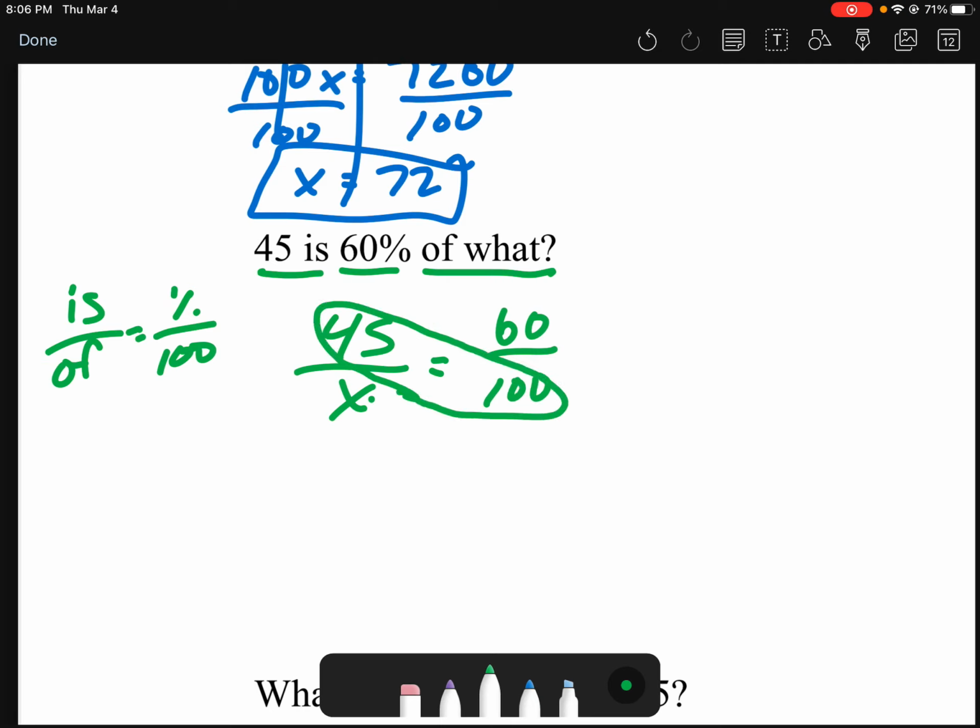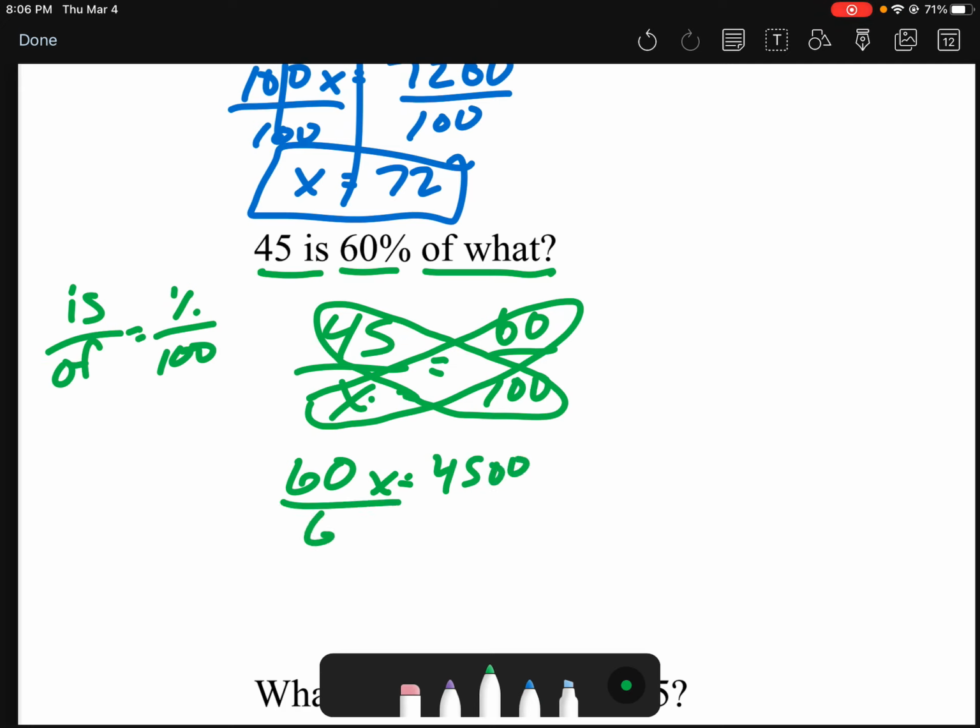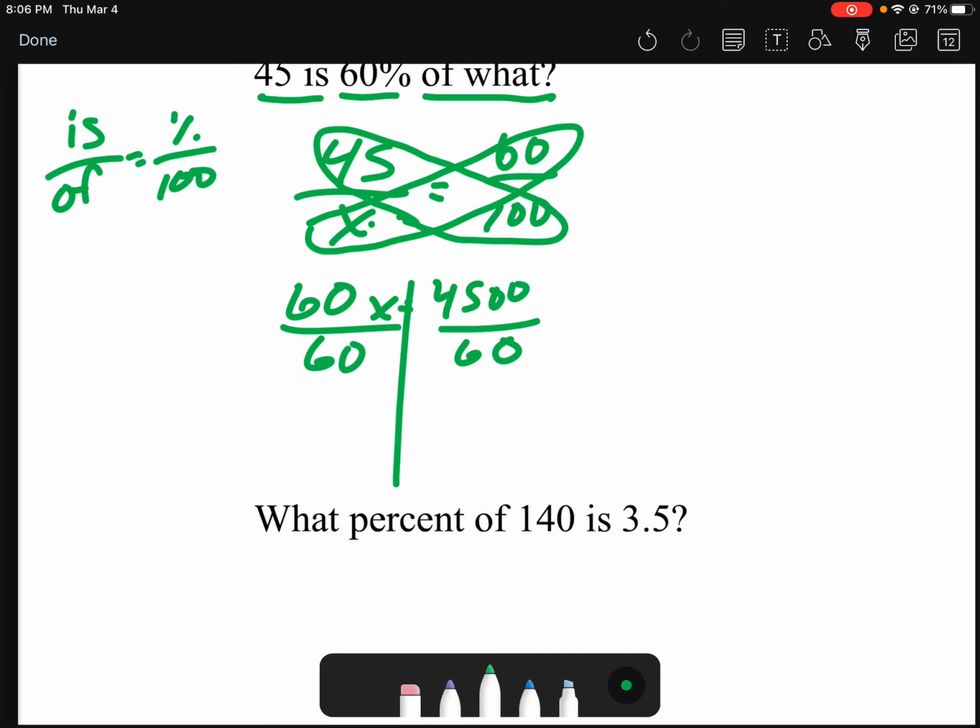Looking at their cross multiples, 60x is equal to that. We can divide both sides by 60. X is equal to 75.